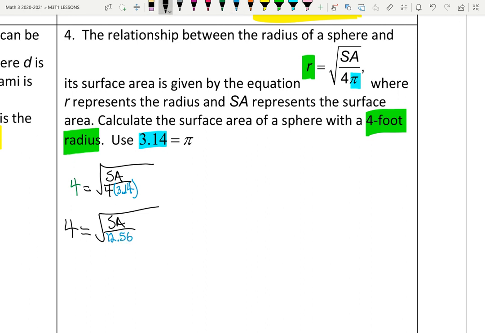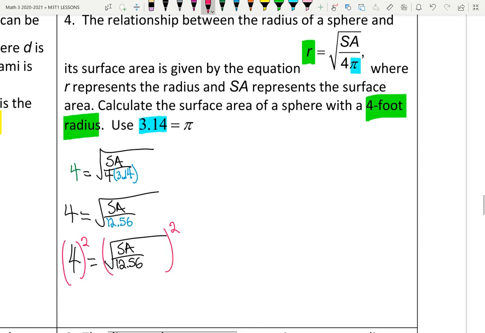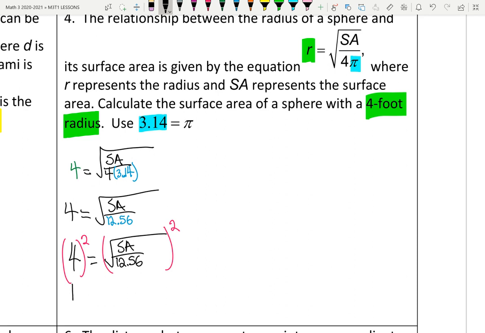At this point, I have 4 equals the square root of my surface area divided by 12.56. And since it's a square root, I'm going to square both sides. This is going to result in 16 equals surface area divided by 12.56.